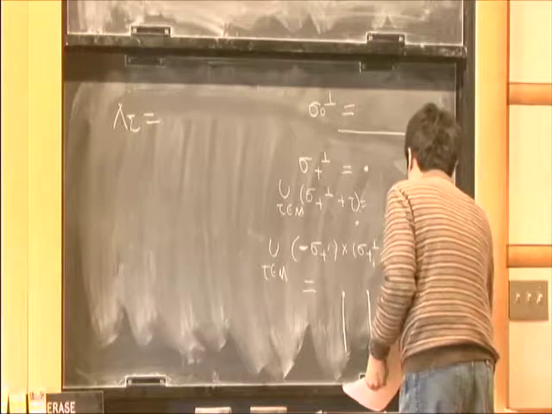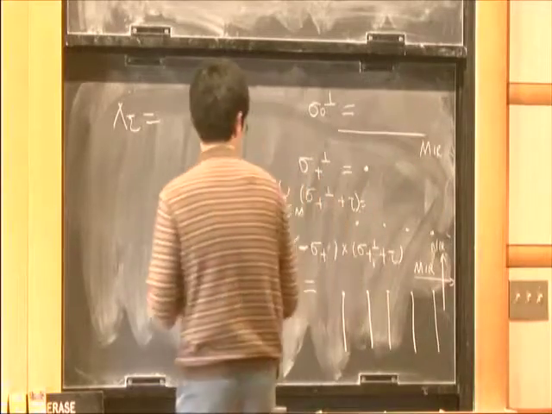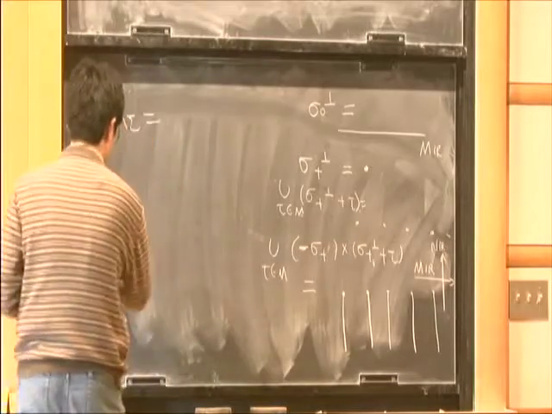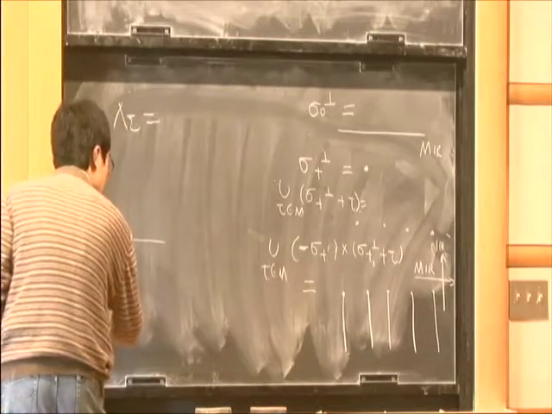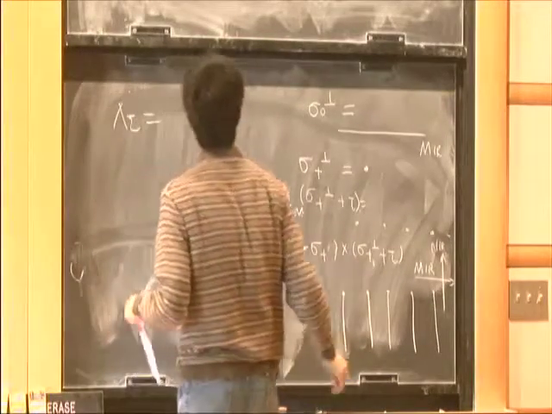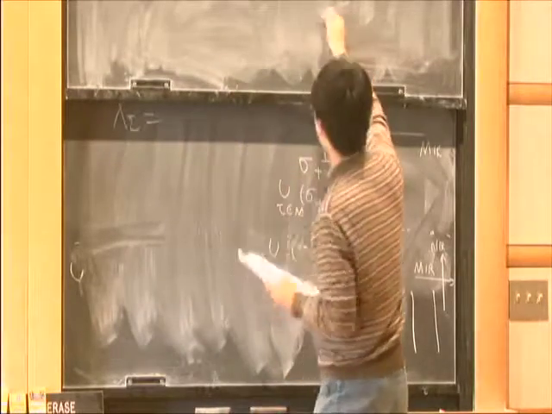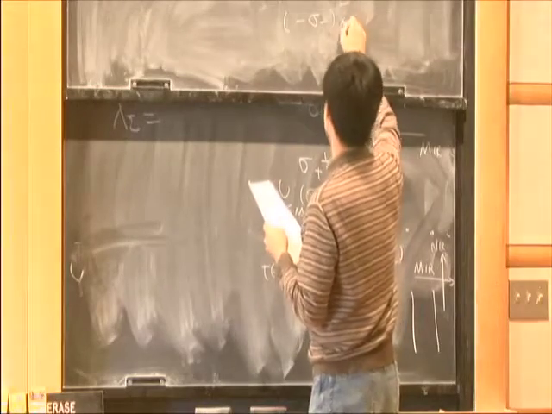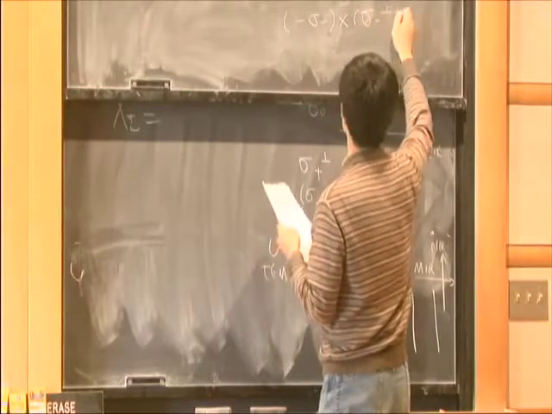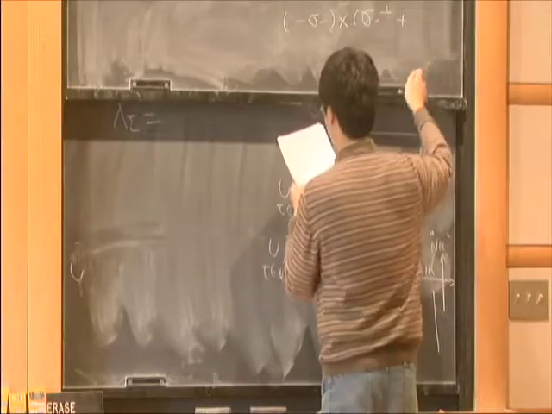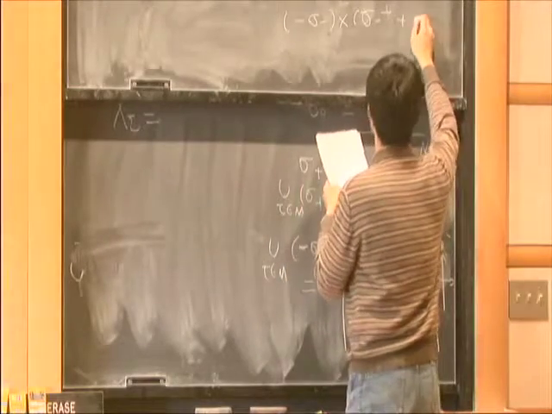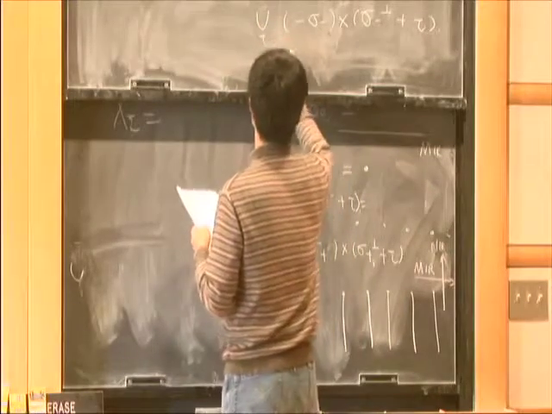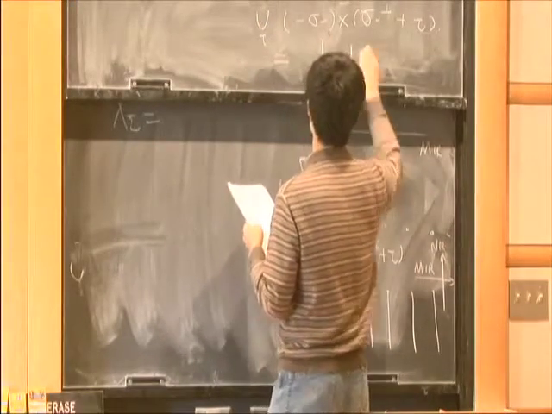Horizontal is the M_R direction. And the other part, which is similar, I'll draw it here, sorry. So it is minus sigma minus times sigma minus perp plus tau, equals still this.